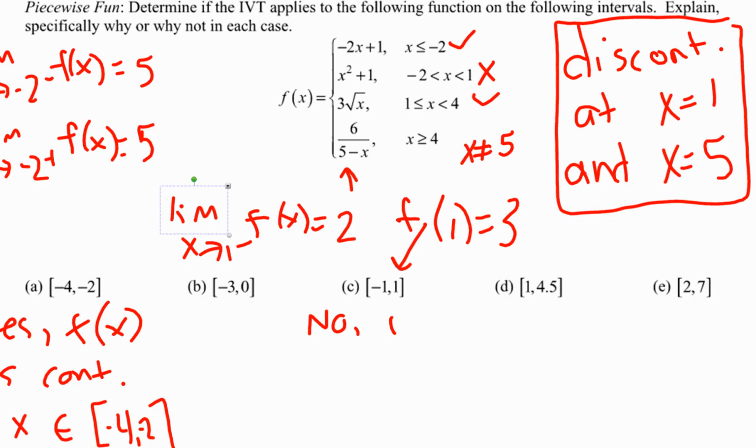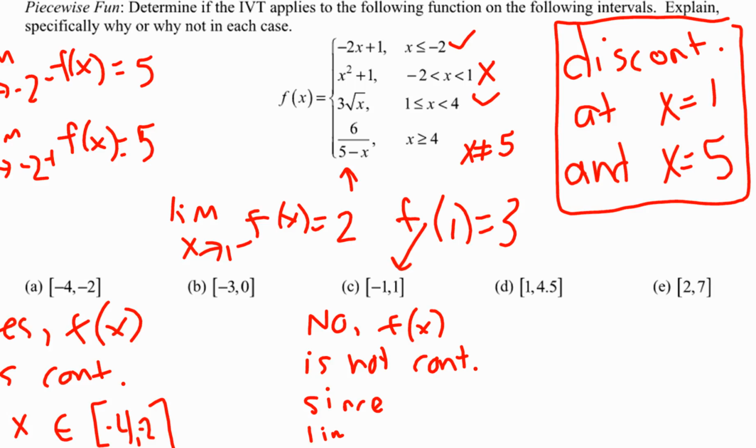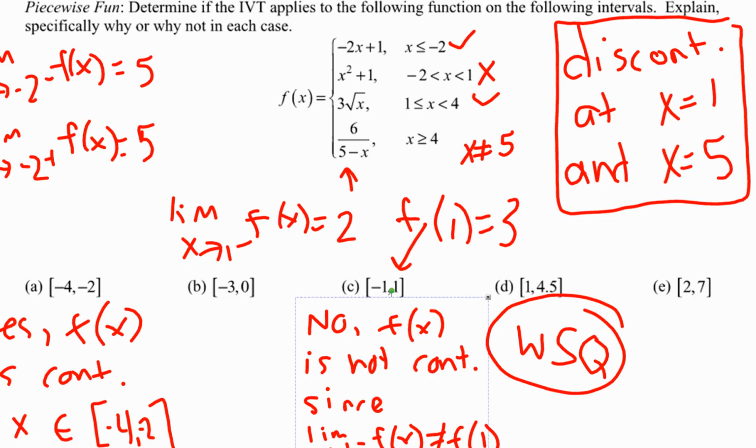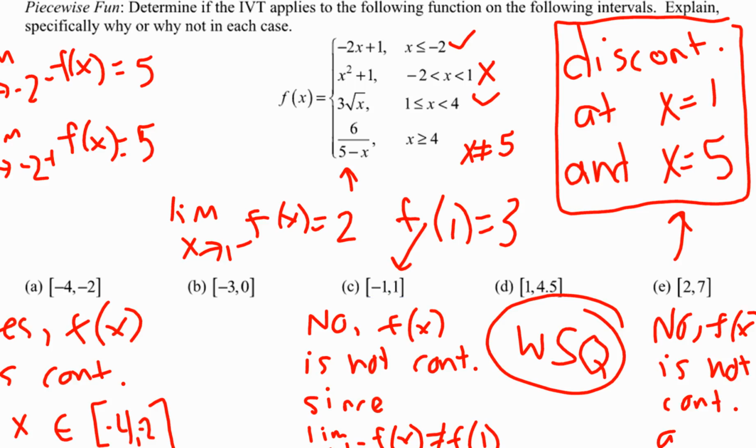F of x is not continuous, since the limit as x approaches 1 from the left of f of x is not equal to f of 1. This one I'd like you to do on your own. And then the last one, since we caught that vertical asymptote there at 5, no, the IVT does not apply because f of x is not continuous at x equals 5.